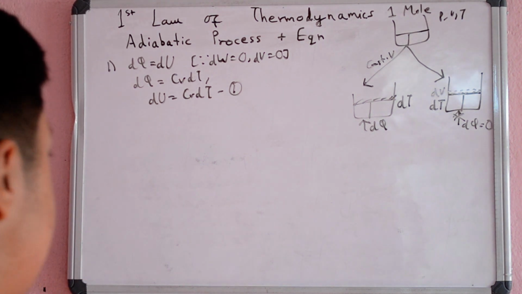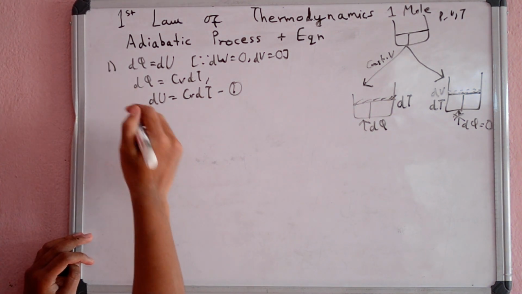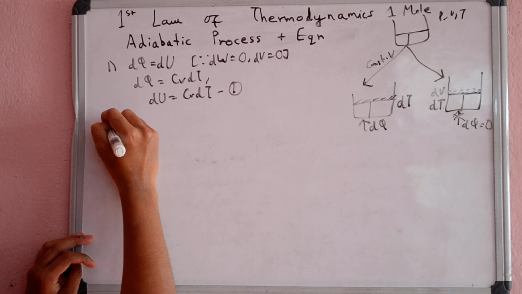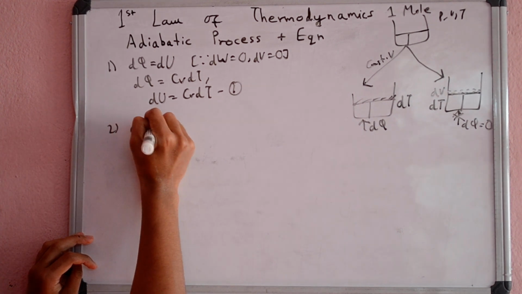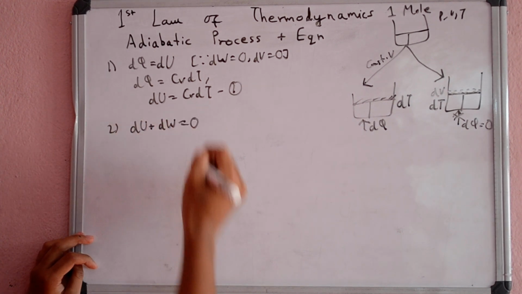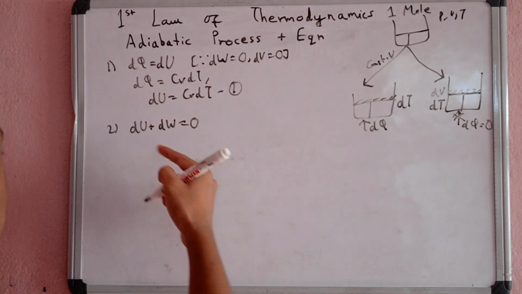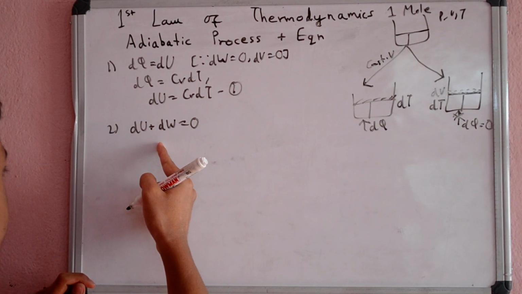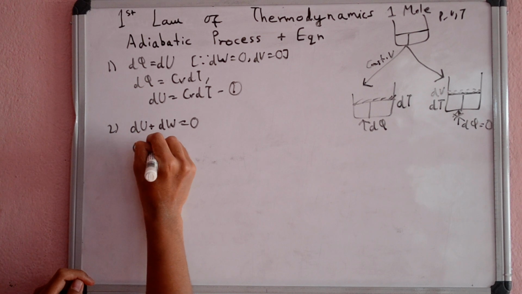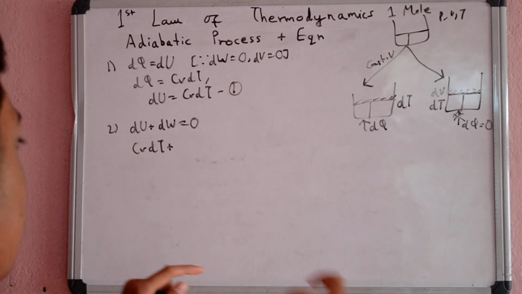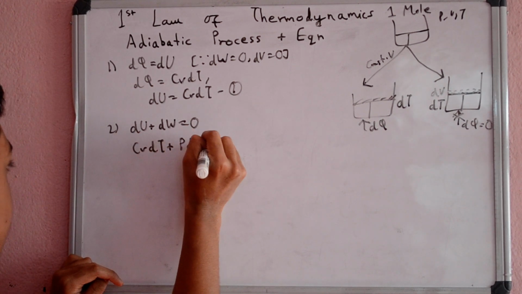For the adiabatic part, we have du plus dw equals 0, as we discussed earlier. Here du is Cv dT, and the work done is just P dV, so Cv dT plus P dV equals 0.